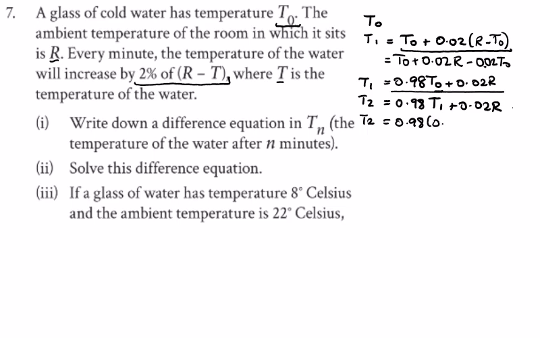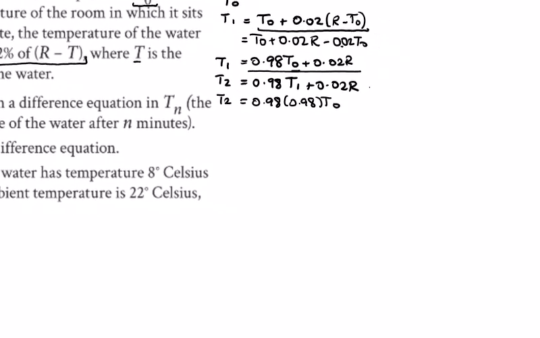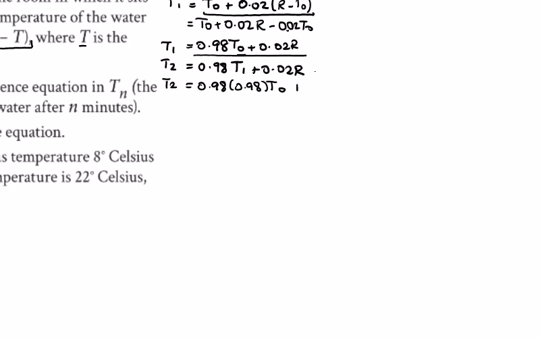So times 0.98 T0 and 0.98 times 0.02 R. That's 0.98 by T1, don't forget this one, plus 0.02 R.